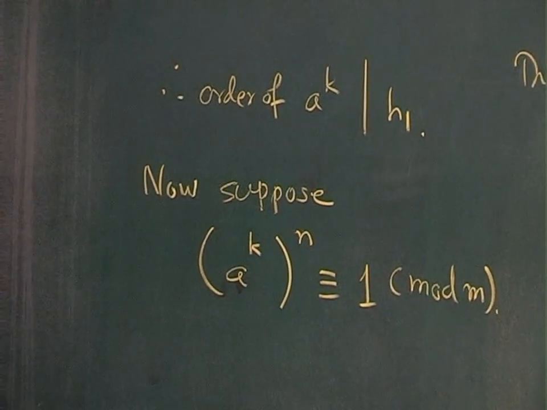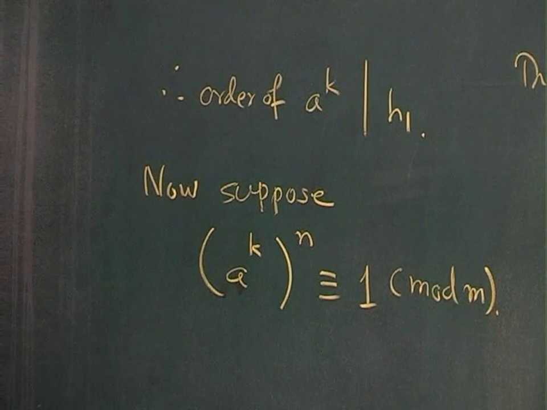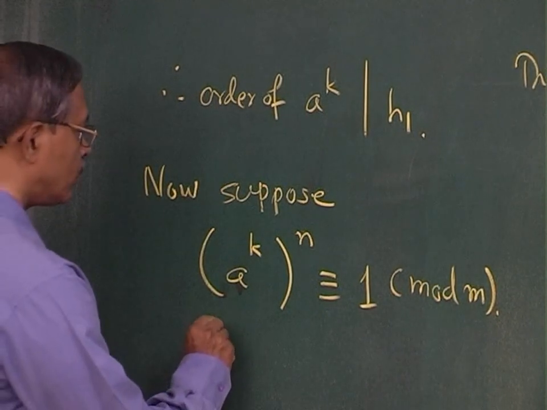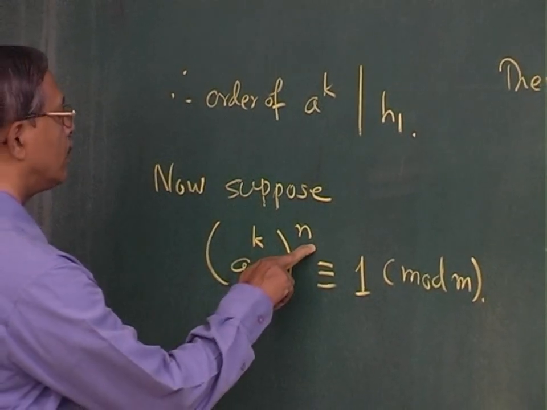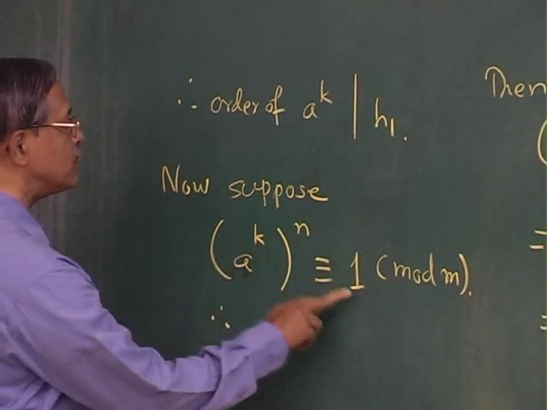Some power is 1. Therefore a raised to kn is 1 mod m.